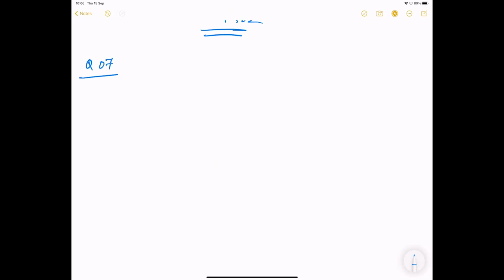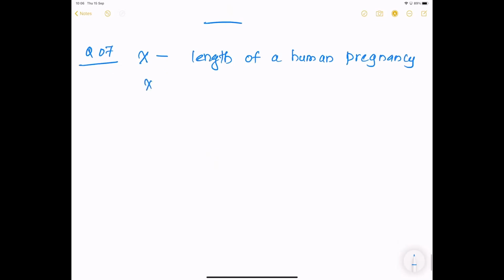So what is the random variable x? That is the length of a human pregnancy, right? That is x, right? That is normally distributed with mean 270 and variance 9 squared, because the standard deviation is 9.